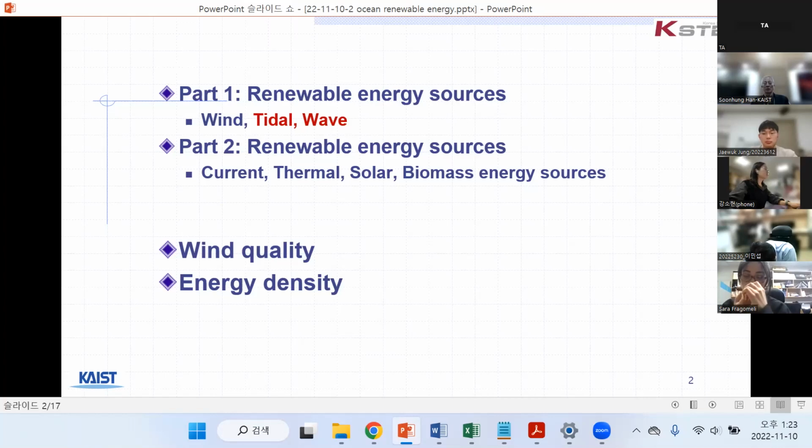Wind quality is important. In other words, the energy density of each renewable energy is usually much lower than the usual energy source of oil and gas.